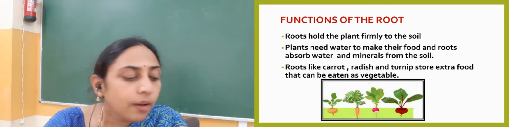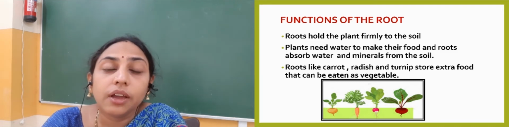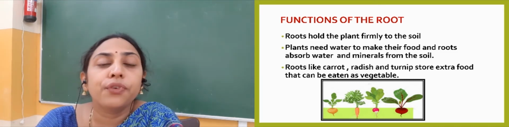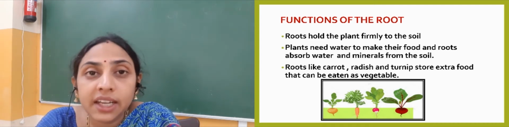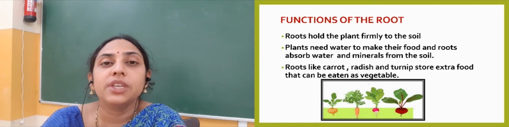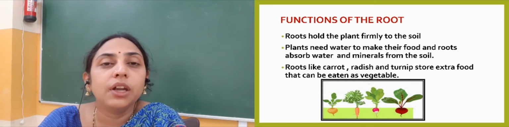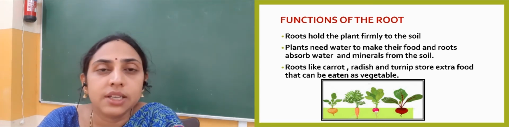Then some roots like carrot, radish, beetroot and all, they store the extra food in them in the form of starch, and they are edible roots. That means we eat carrot, we eat radish, we eat beetroot, turnip and all, they are the roots of their plants.